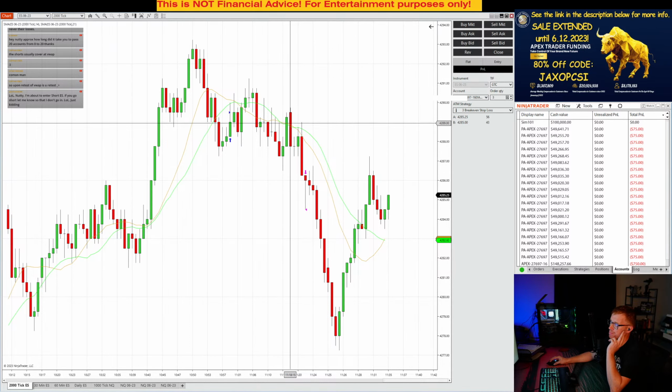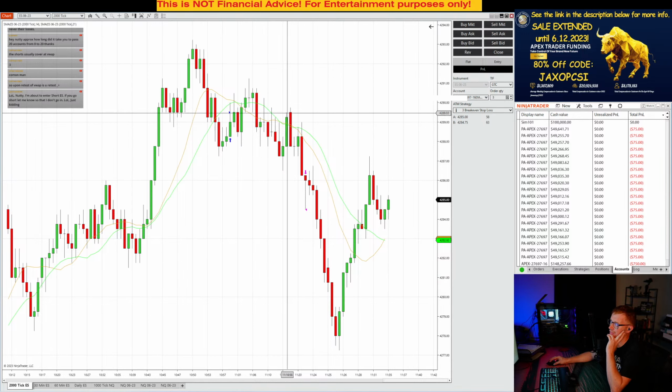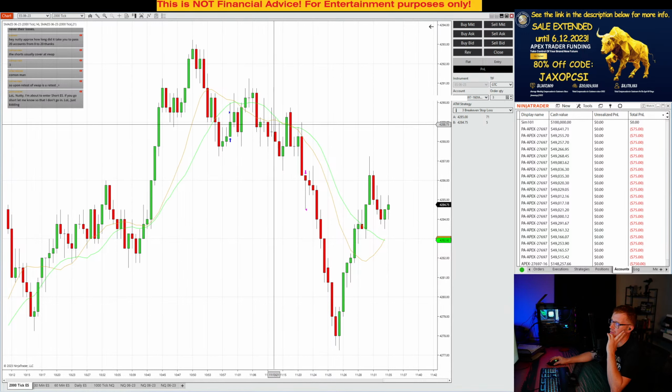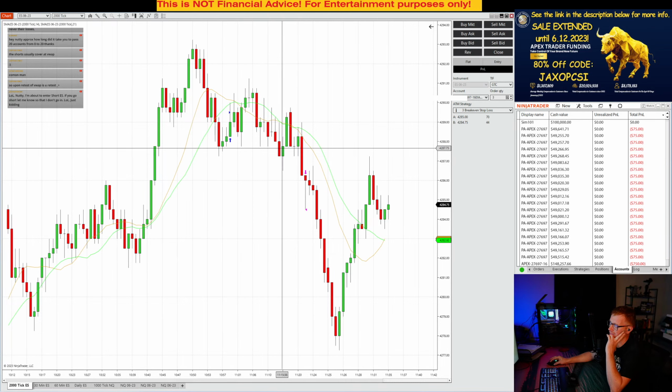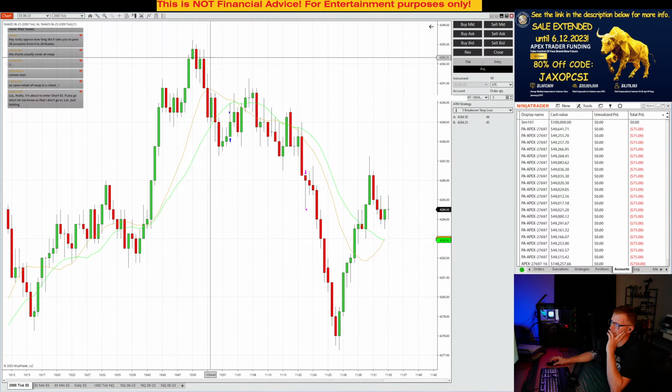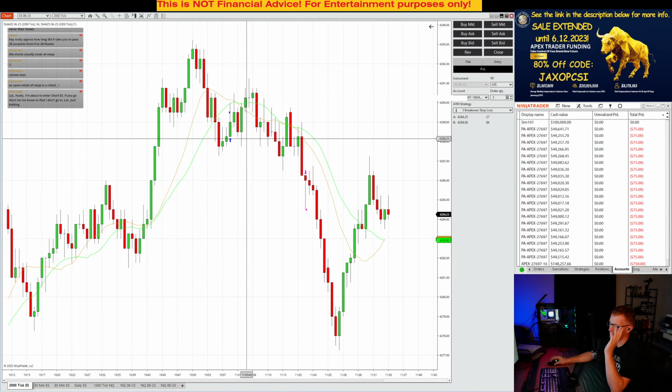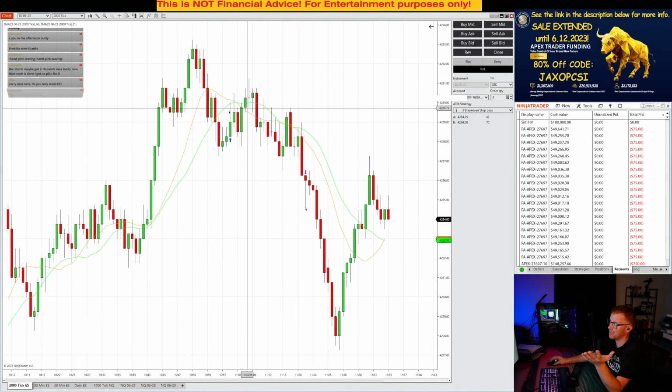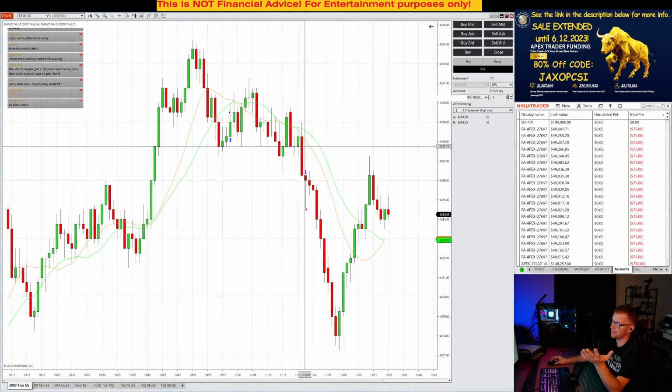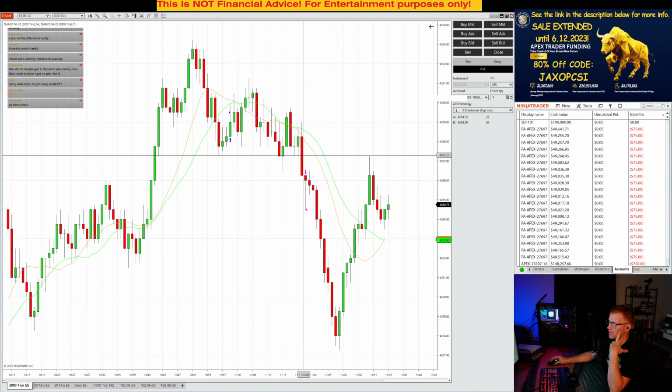Now, obviously we bounced a little bit here, but if I wouldn't have been in this trade and I'm just looking at this price action, I'm seeing a short, 100% based on this price action.